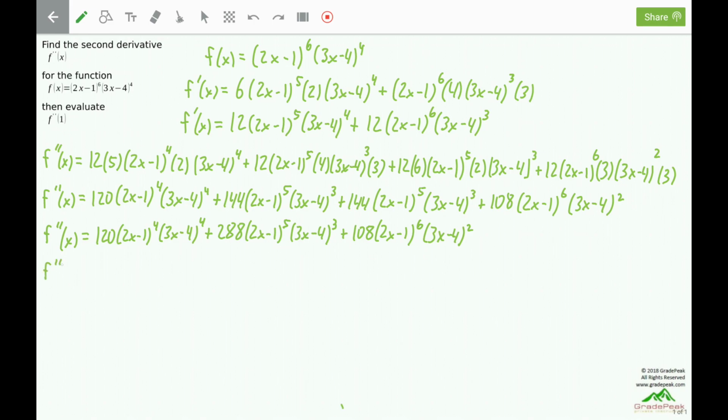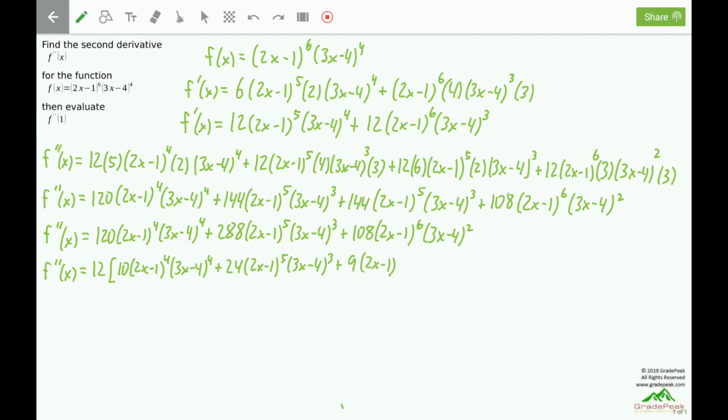So we can factor a 12 out, and we'll have 12 times 10, (2x minus 1) to the 4th, (3x minus 4) to the 4th, plus 12 divided into 288 goes in 24 times, (2x minus 1) to the 5th, (3x minus 4) to the 3rd, and then 12 divided into 108 gives us a 9.